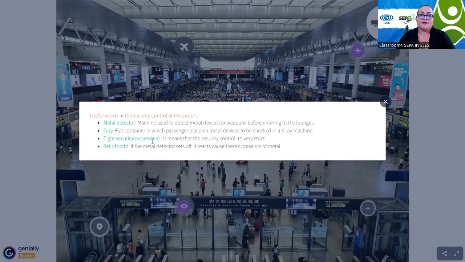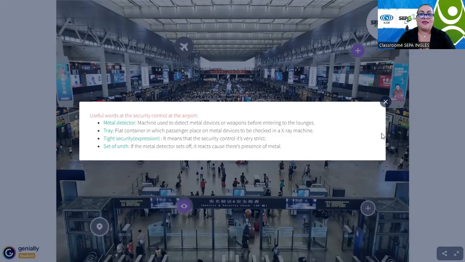Tight security: an expression meaning that the security control is very strict. Set off: if the metal detector sets off, it reacts because there is presence of metal.